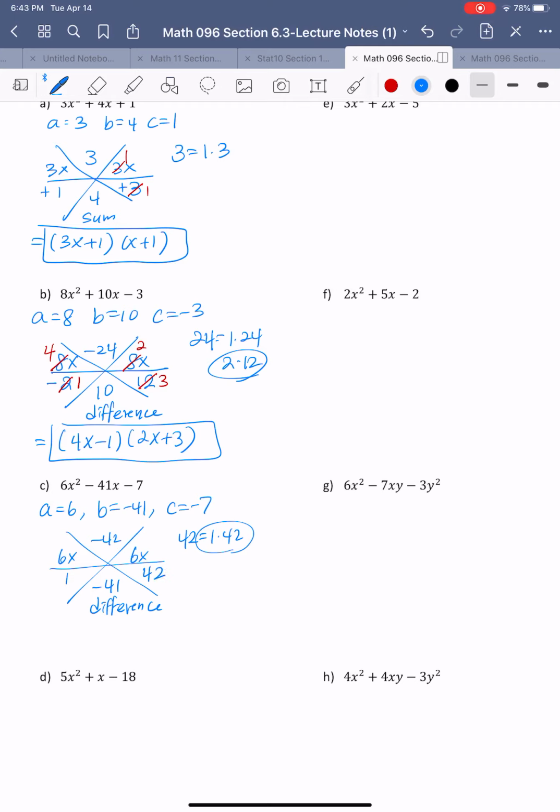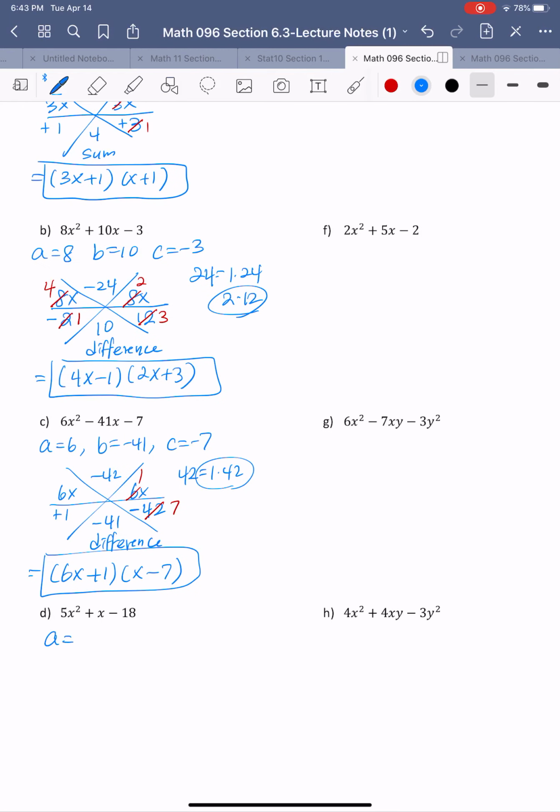But I need a negative 41, so 42 must be negative. And then reducible, yes, it's going to be 1 and 7. So you get, this is positive of course, 6x plus 1 times x minus 7. So that's all.